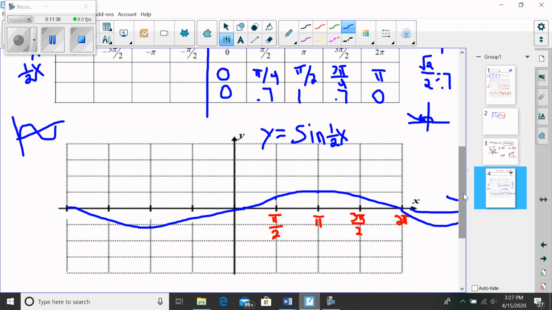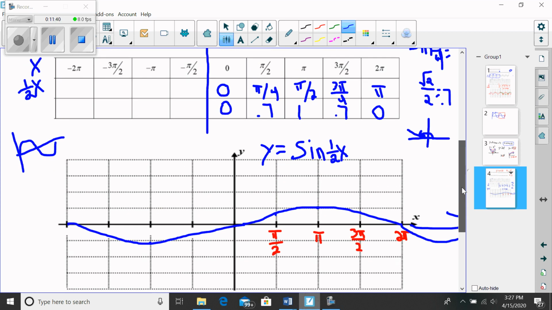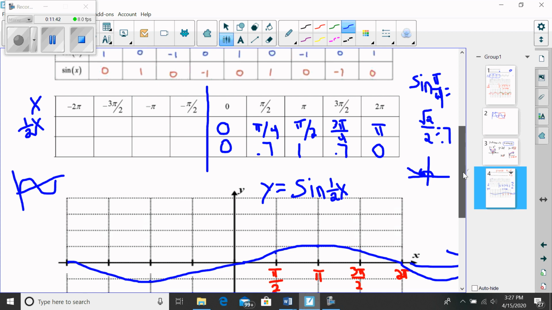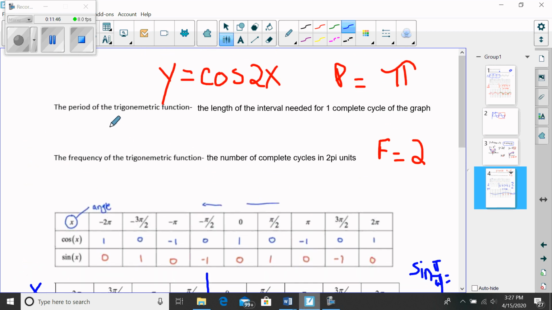Okay. So we should not be surprised that we got half of a cycle of sine from 0 to 2 pi. And it would have taken me 4 pi to get a complete cycle of this.